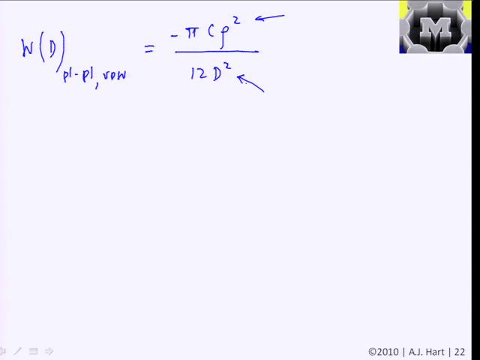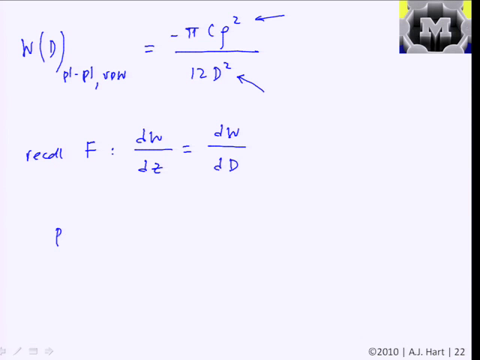And then, if we recall, the force is just the first derivative of the potential, which can be dW/dz, or in this case is dW/dD, where D is our separation.